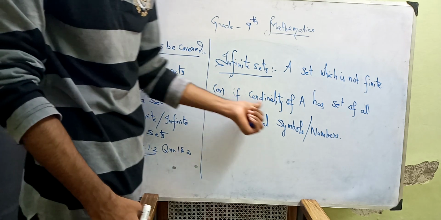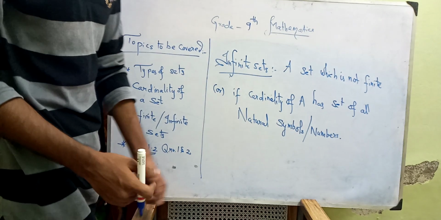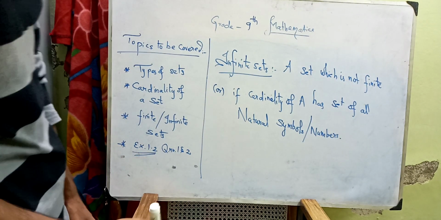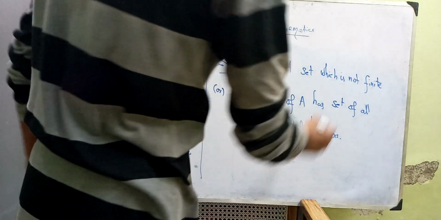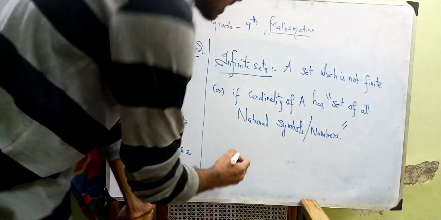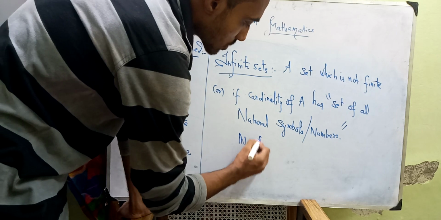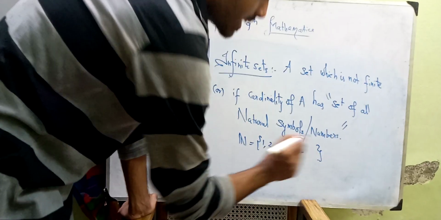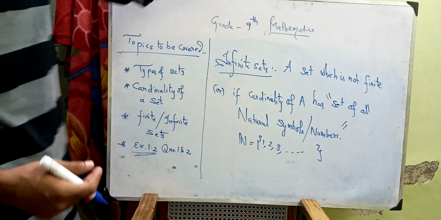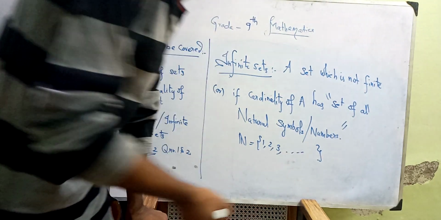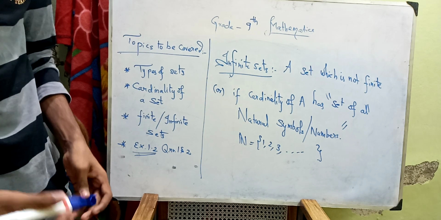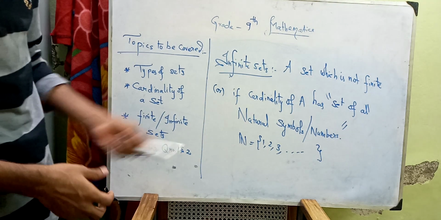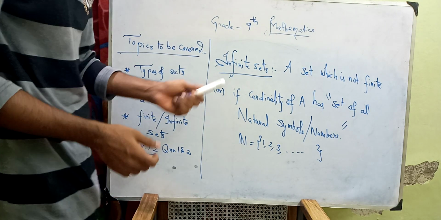Or you can say in this way also, if the cardinality of A has the set of all natural numbers or natural symbols. As I discussed earlier, natural numbers start from 1, 2, 3 and so on. It never ends. It goes beyond thousands, lakhs, crores and so on. So in this way we can say this is an infinite set.